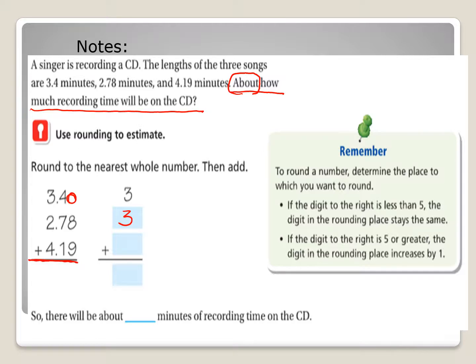And then 4 and 1900 is more than 4 but less than 5, and I see that it's closer to 4. If I put these all together, I get 10 minutes of an estimating time.